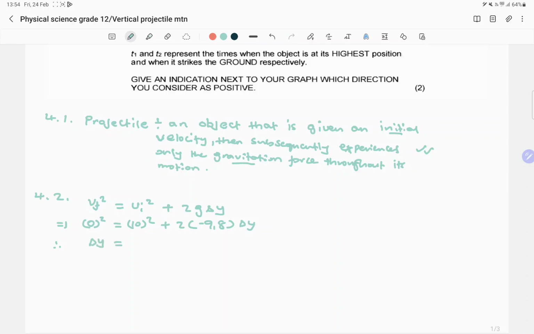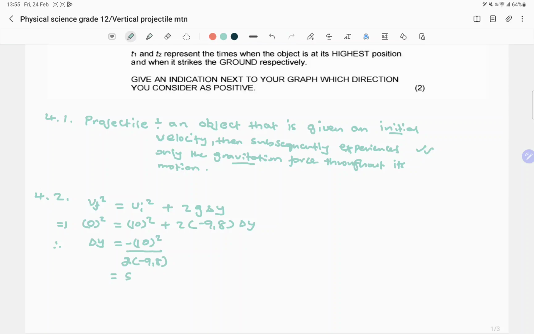Therefore, delta y is equal to, now let's work this out. It's going to be minus 10 squared all over 2 into minus 9,8. Let's quickly do that. Minus 10 squared, which is 100. Divide by 2 into minus 9,8.